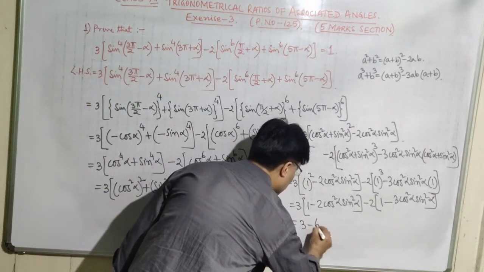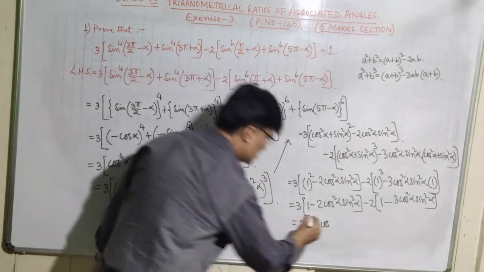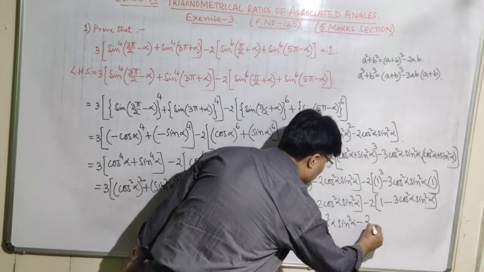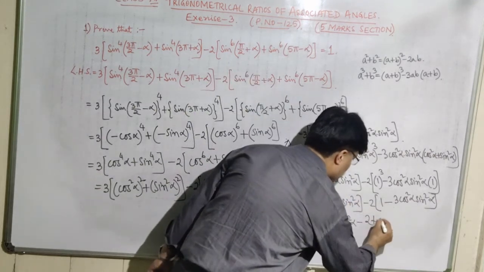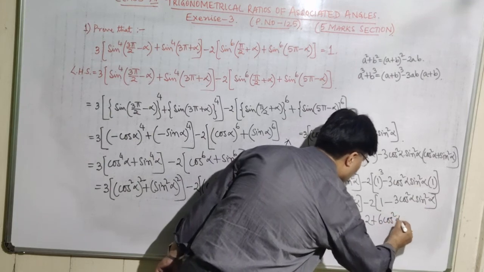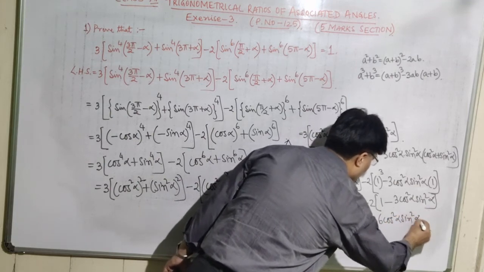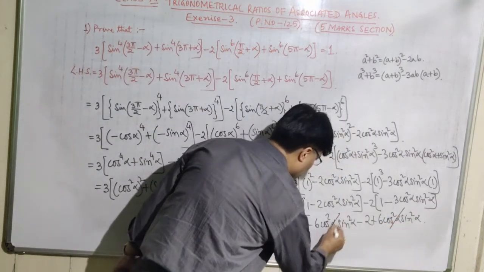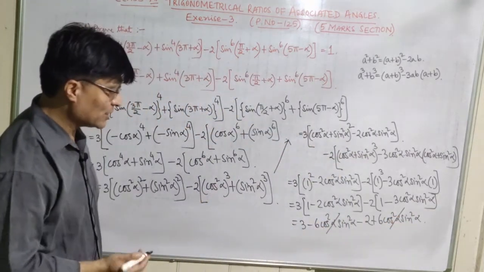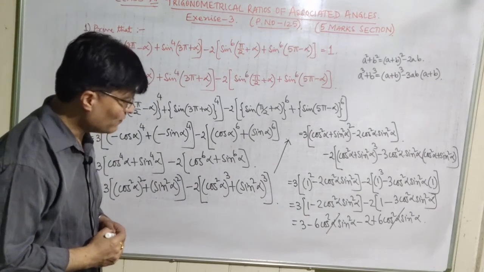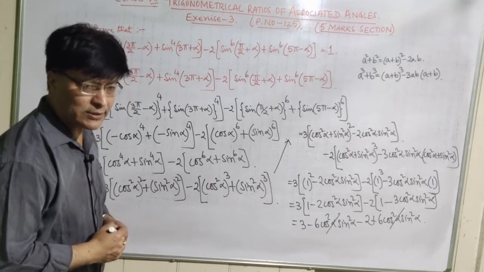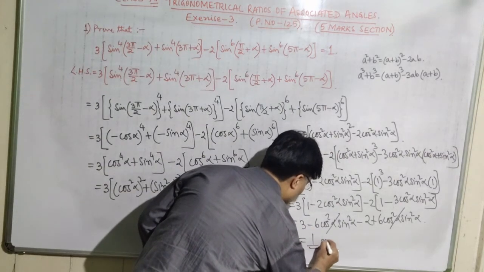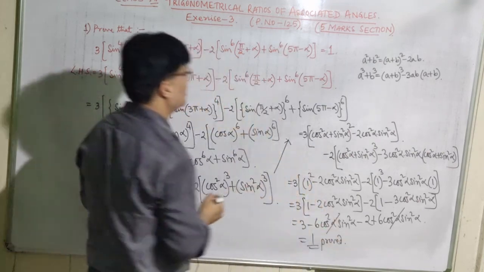It is 3 minus 6 cos square alpha sin square alpha, minus 2 ones are 2, minus into minus plus, 2 threes are 6 cos square alpha sin square alpha. So here you can cancel them. This second term and the last term will be cancelled. That is minus 6 cos square alpha sin square alpha and plus 6 cos square alpha sin square alpha will be cancelled. And what is 3 minus 2? Which is equal to 1. So it is proved.